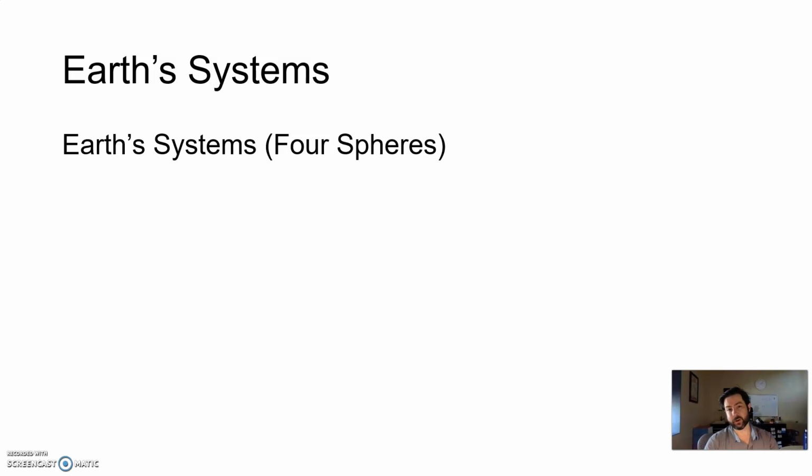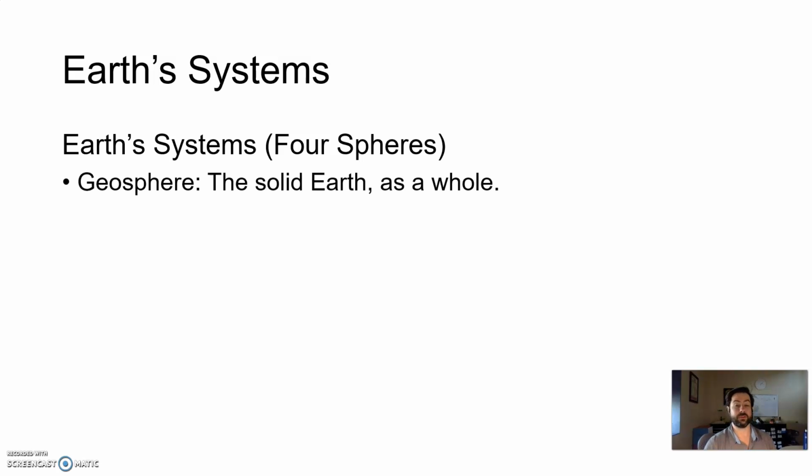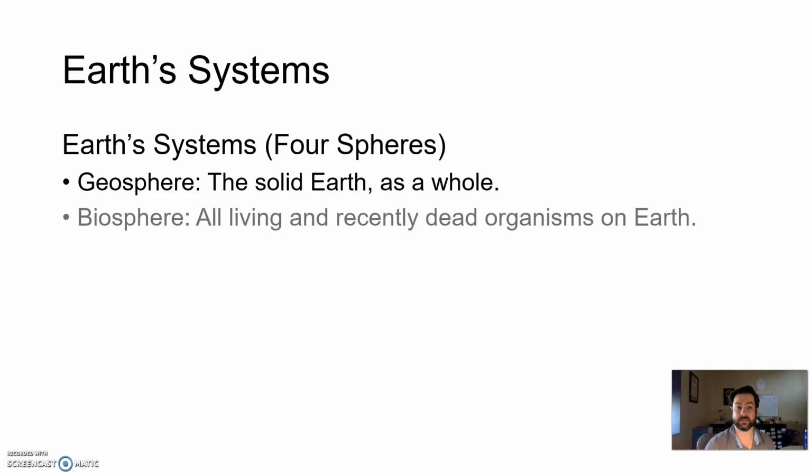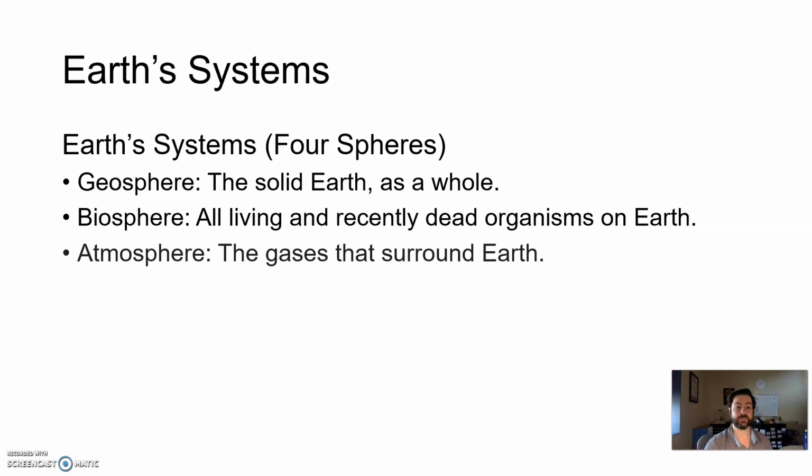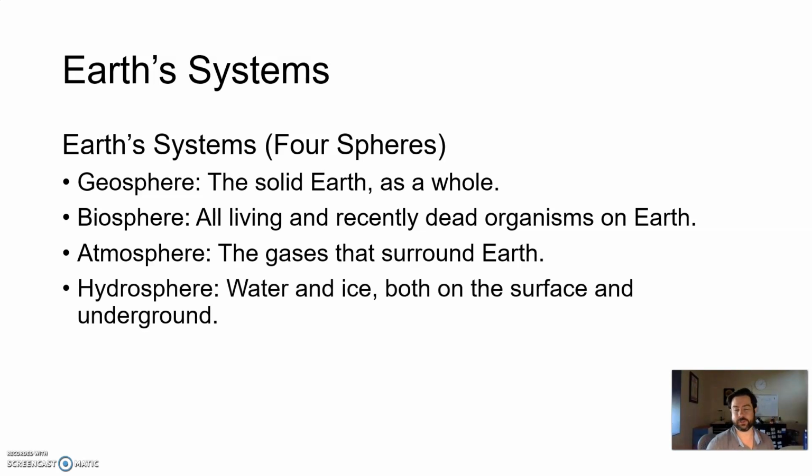So, in regards to Earth and its systems, we can break them down into different spheres to help, again, drill down into geology, no pun intended. We break up Earth into 4 larger spheres. There's the geosphere, which is all the solid stuff, the Earth as a whole. The biosphere, that's all the living stuff, as well as dead organisms, all the biologic stuff, animals, plants, etc. The atmosphere, the gases that surround Earth, and then the hydrosphere, water.